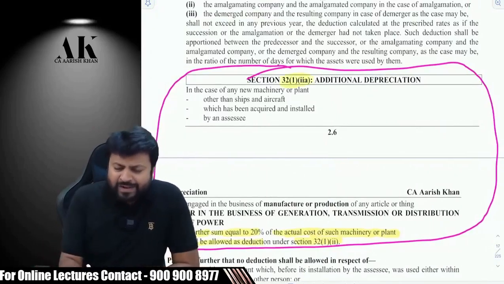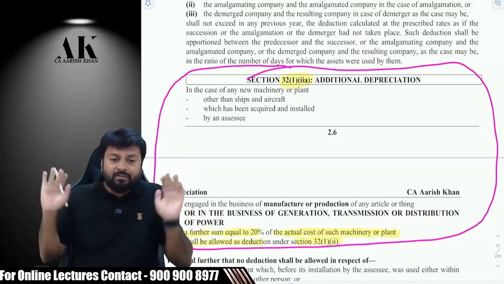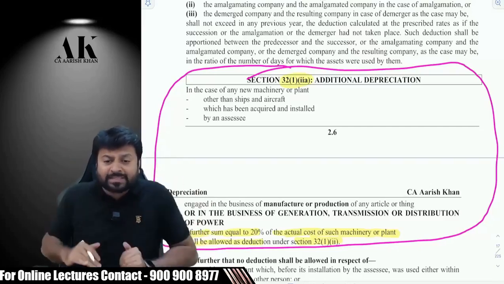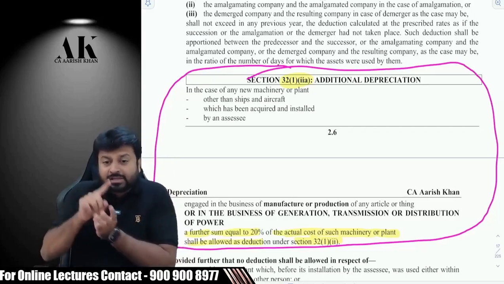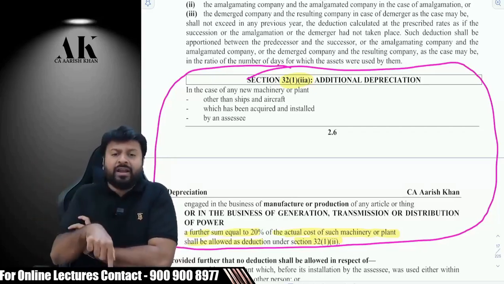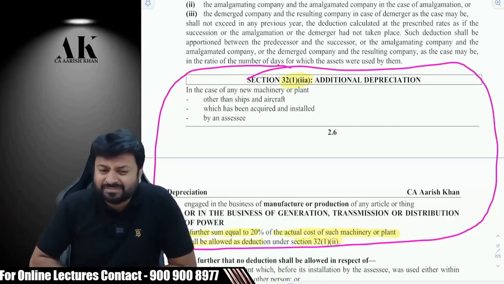This section is only brought to tell you the additional conditions. What is the additional condition to claim 20%? You need to be a manufacturer, you need to buy new plant and machinery, you need to be a power generator, yes or no? The rest of the original conditions have to be fulfilled, which you fulfill to claim the normal depreciation. Are you clear? Right?